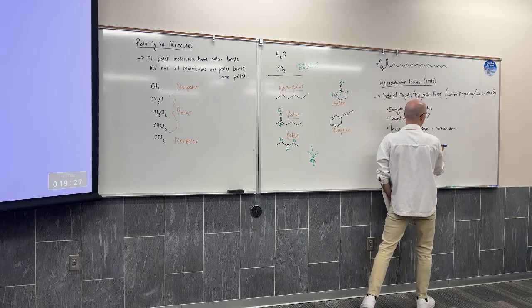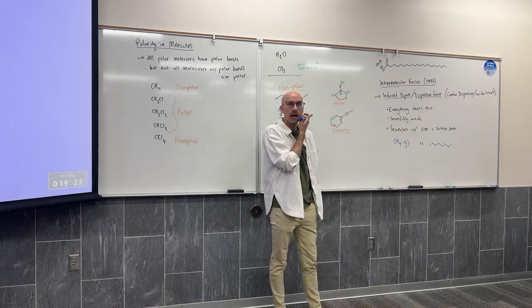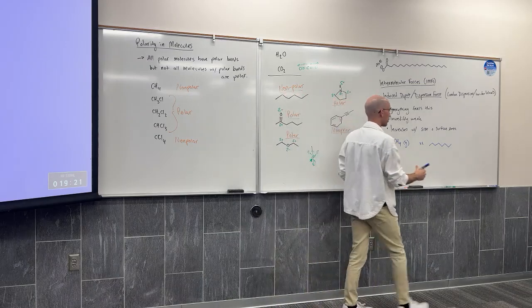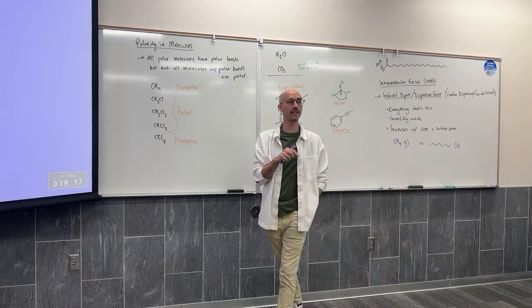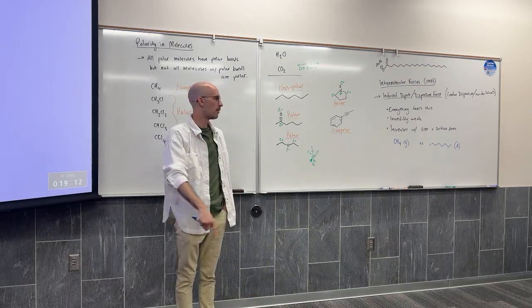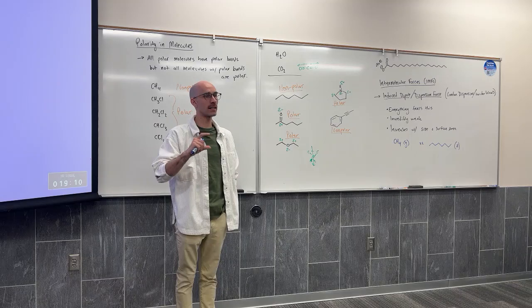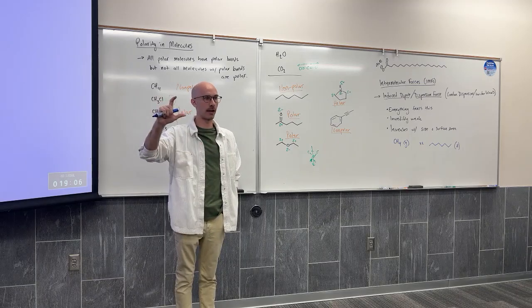Compare this to octane. Octane at room temperature and pressure is a liquid. It also only experiences dispersion forces to other molecules, but because it's much larger, it has more interactions.